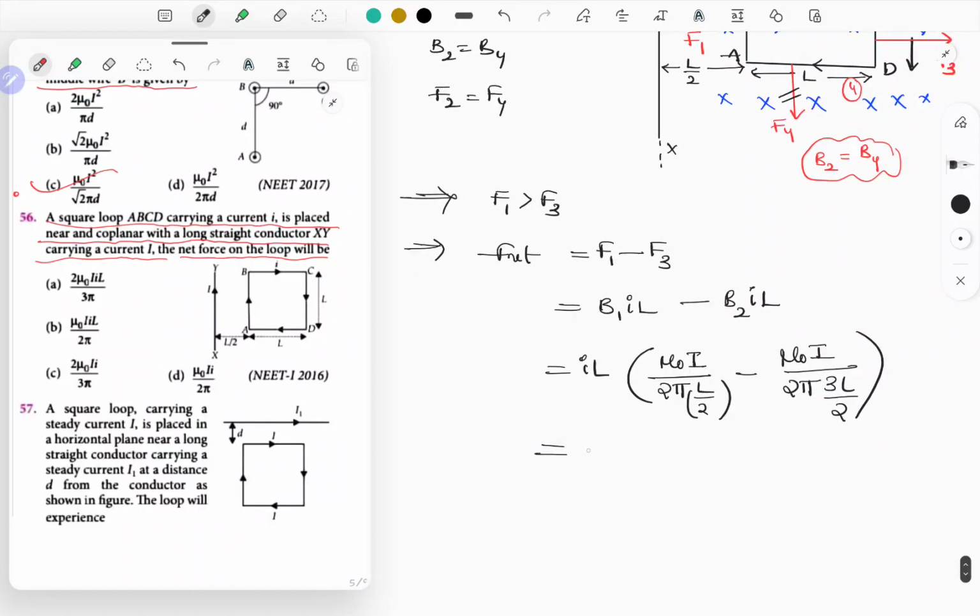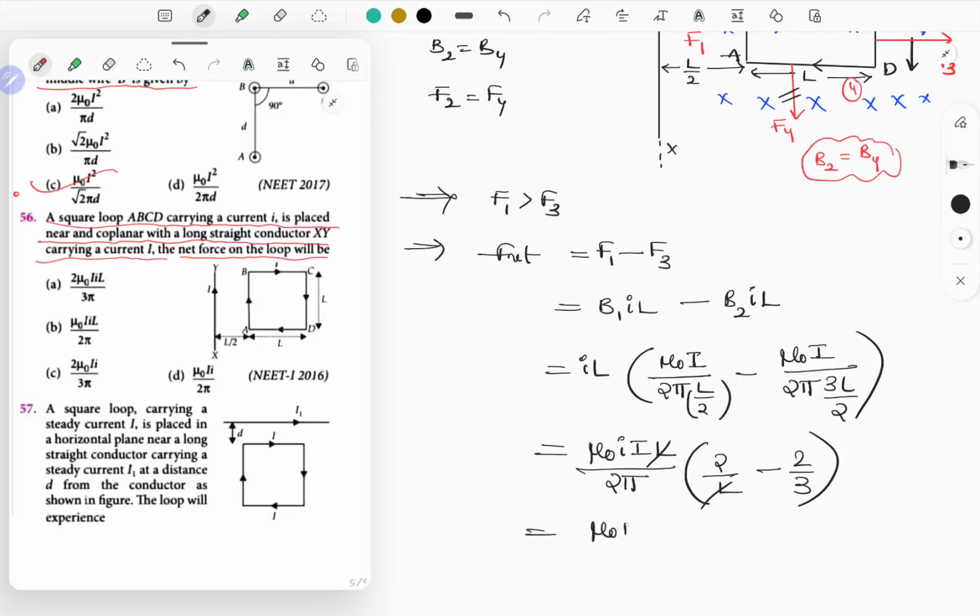Mu naught I by 2 pi also comes outside. Now I am left with 2 by L minus 2 by 3L. This L will get cancelled out.